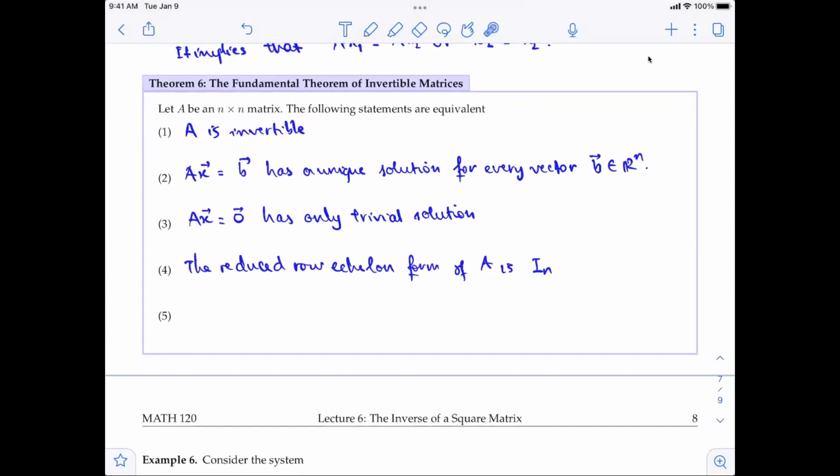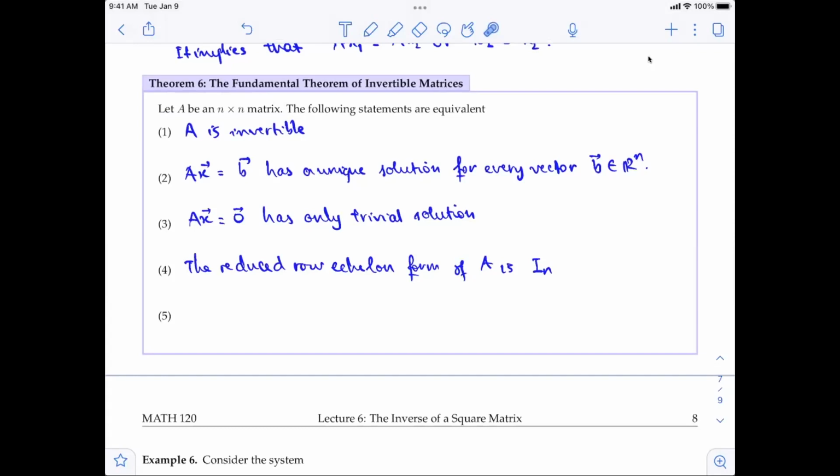So hopefully all four of these statements make sense to us in general: when A is invertible, the equation AX equal to B has a unique solution, and we already proved that earlier. The third statement is that the homogeneous system has only the trivial solution.